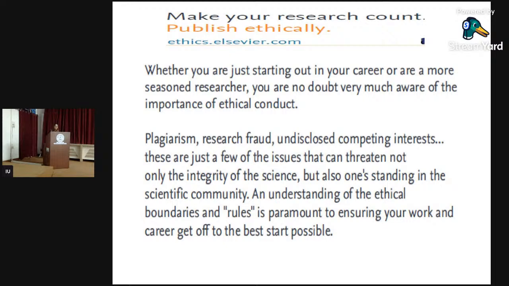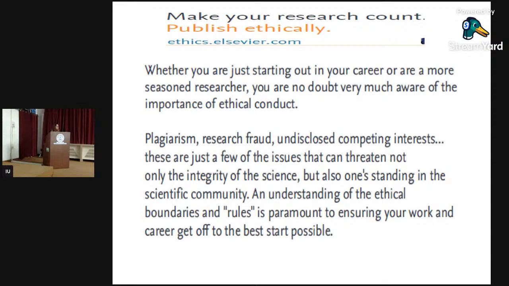Whether you're just starting out in your career, as you all are, or you are a more seasoned researcher, you are no doubt very much aware of the importance of ethical conduct. Whether you are starting in your career or your PI is the person conducting the research, both of us have to follow the same set of guidelines.